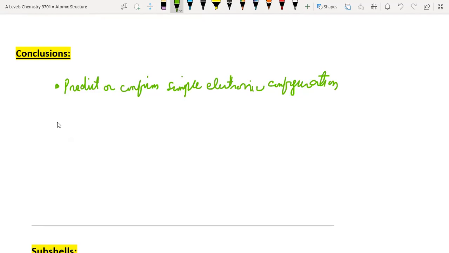It means the arrangement of electrons in the shells or orbits.